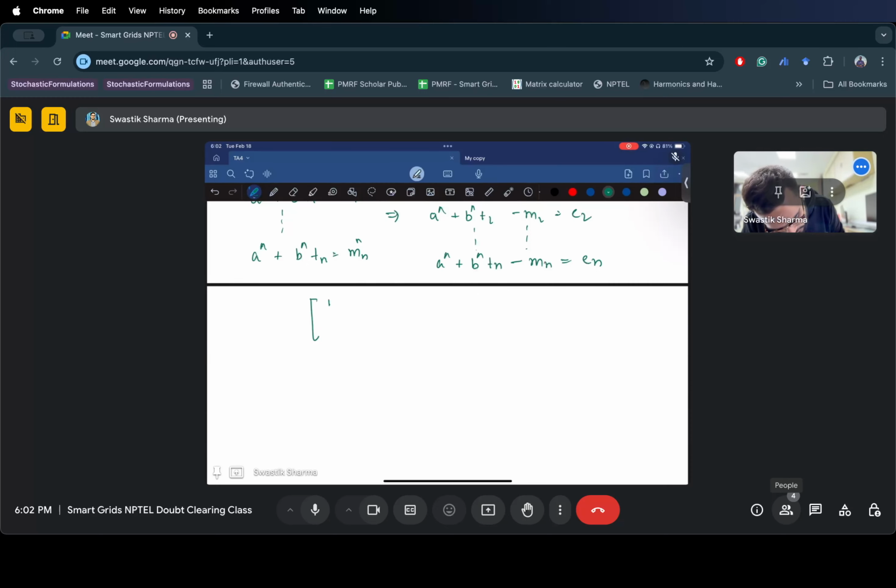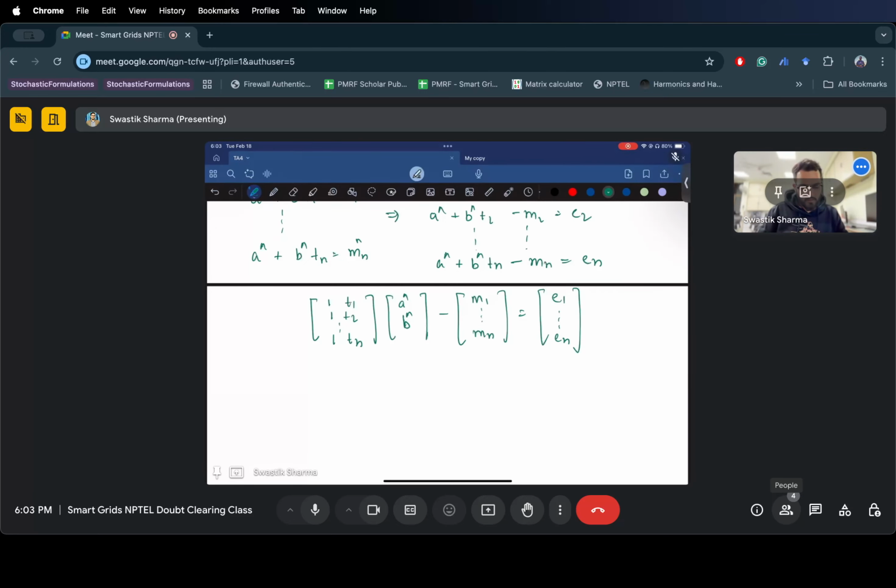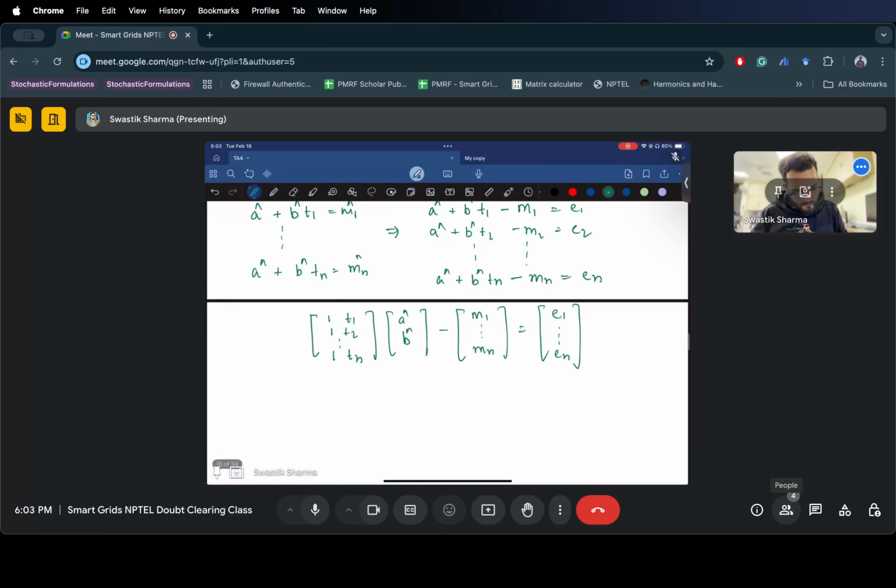It would be 1 t1, 1 t2, up to 1 tn, and this would be a cap, b cap, minus m1 to mn, equal to e1 to en. So you have an overdetermined linear algebraic equation with more equations than unknowns.